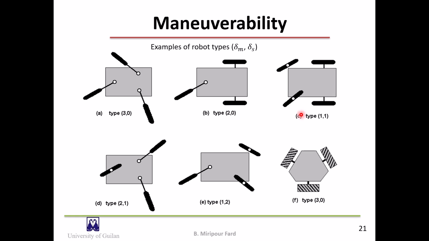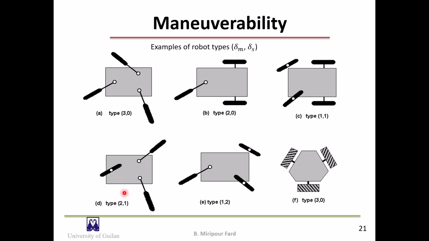In figure C, which is a car-like robot, there are two mutually dependent centered orientable wheels, and degree of steerability is 1. Similar to the diff drive robot, the delta M is also 1, so the type of robot is 1, 1.